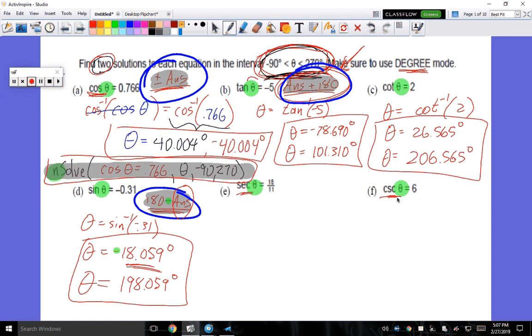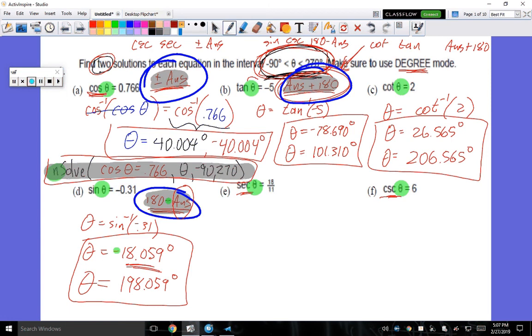When I say cosine and secant, we have a positive and negative answer. Cotangent, tangent, it's going to be our answer plus 180. And then sine and cosecant, it's going to be the 180 minus whatever we get for an answer with our calculator.